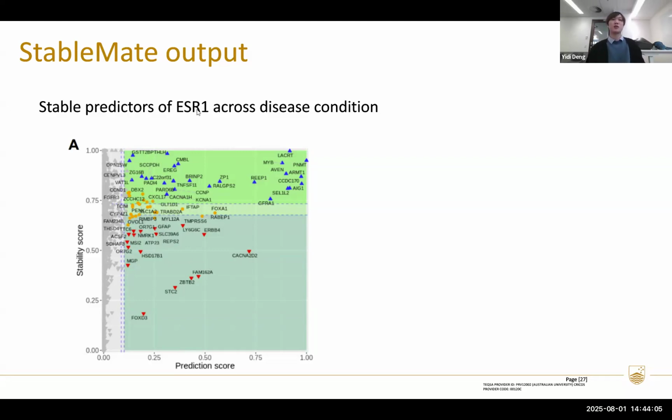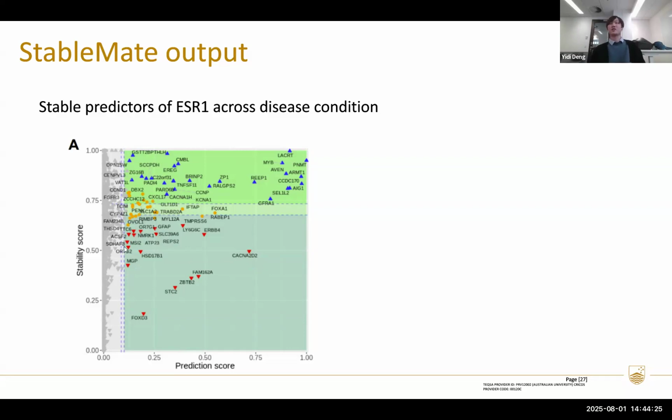The response that I want to predict here is the ESR1 gene expression, which is a very critical gene in breast cancer. On the x-axis, we show the predictivity of the predictor, that is how important it is in predicting the Y.